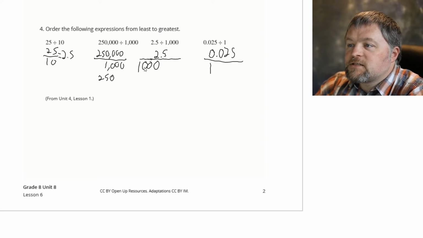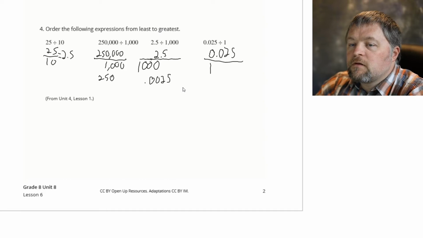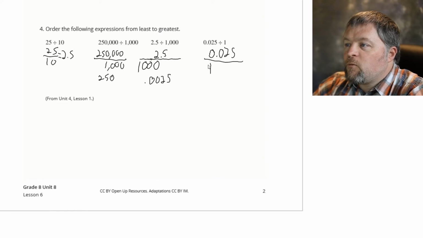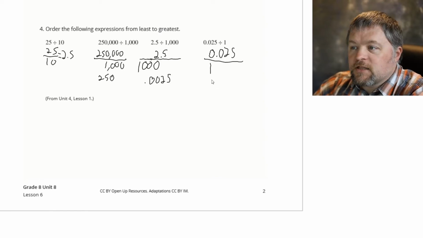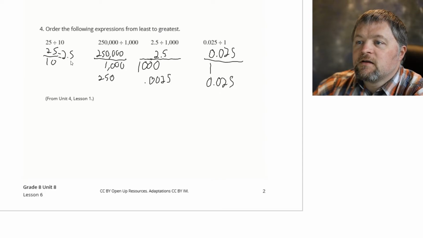We can move the decimal point on this one 3 spots. And on this one, dividing by 1 doesn't really change things at all. So this one is still equal to 0.025.